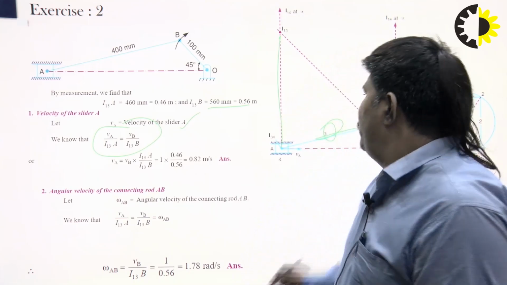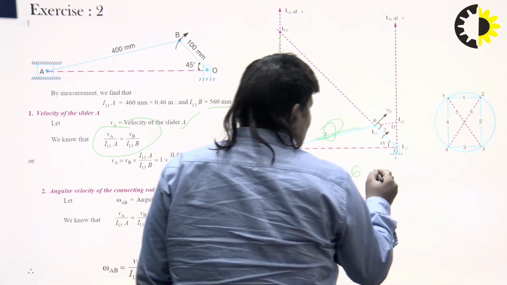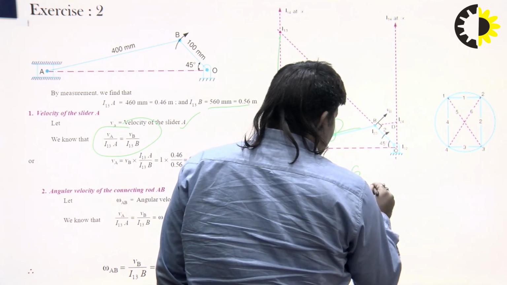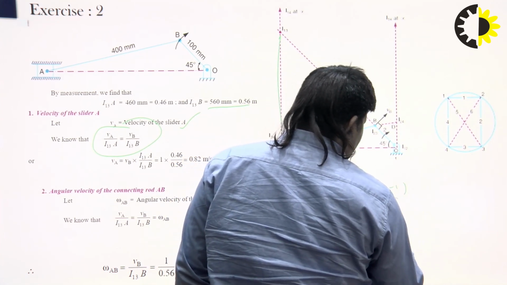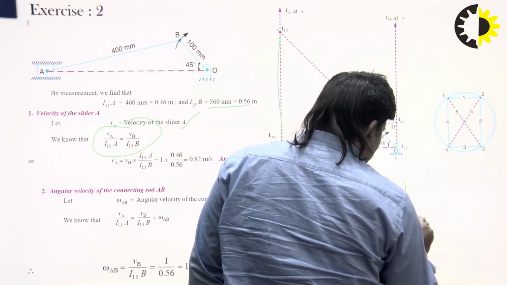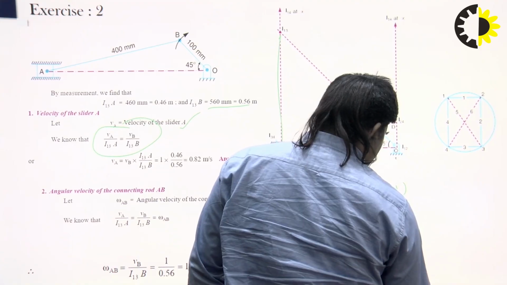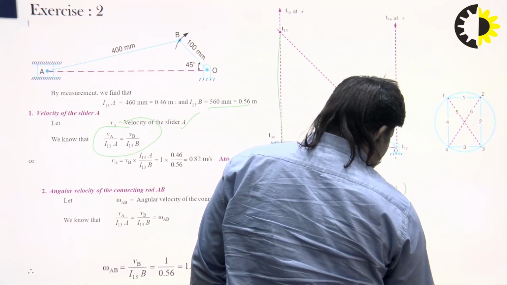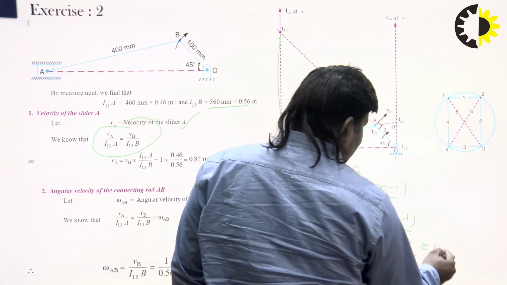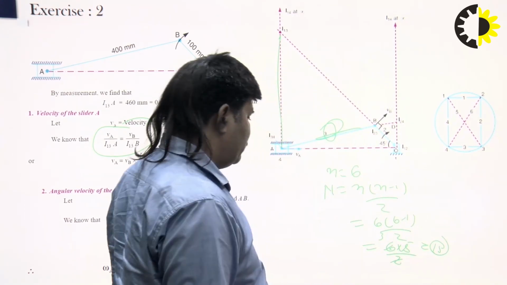If the number of links is 6, small n equal to 6, then N equal to n into n minus 1 by 2. So we can say 6 into 6 minus 1 divided by 2, that is 6 into 5 divided by 2, that is 15 instantaneous centers.